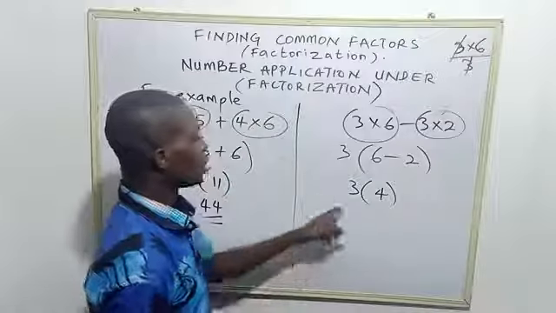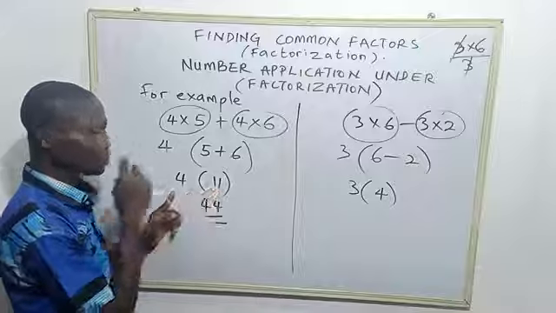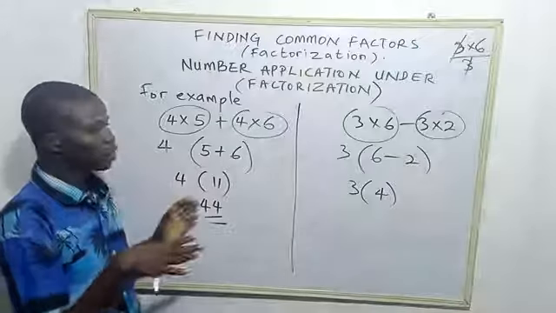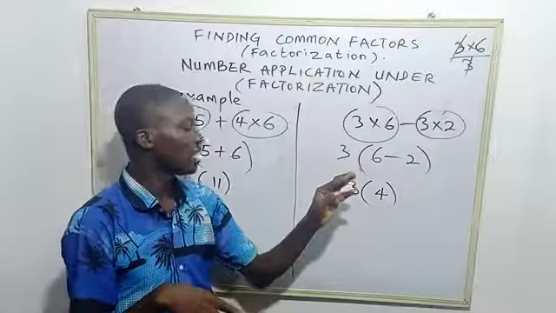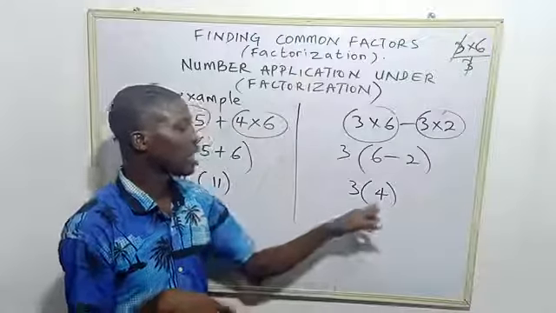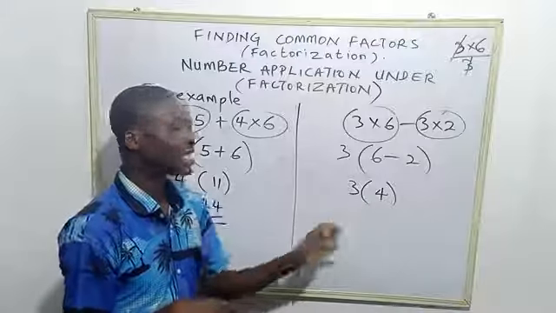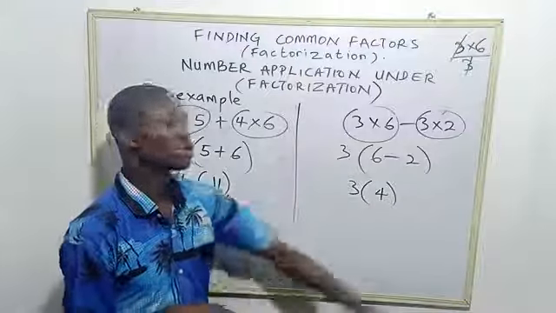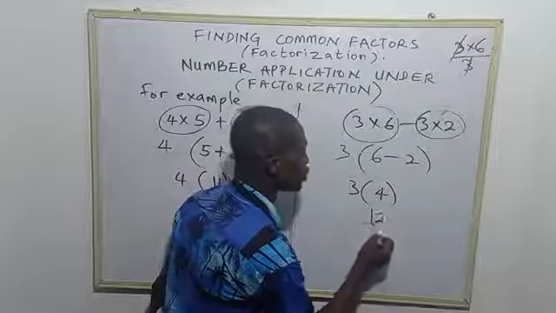Close your bracket. I told you what we did in this place. I believe you still remember. Multiplication: a number outside the bracket and a number inside the bracket. What's the meaning? When they are not separated by plus or minus, multiply, which is 12. 3 times 4 is 12.